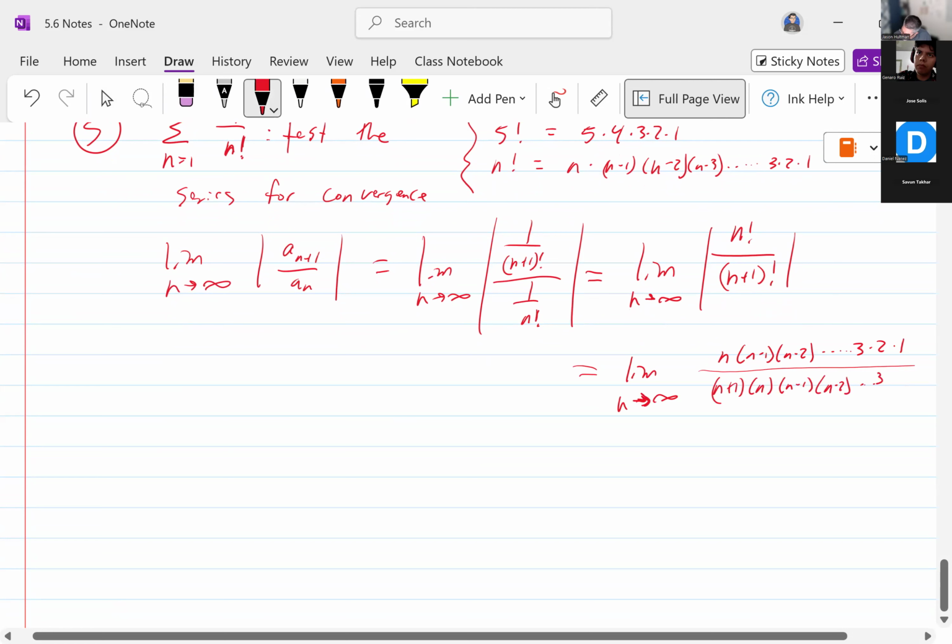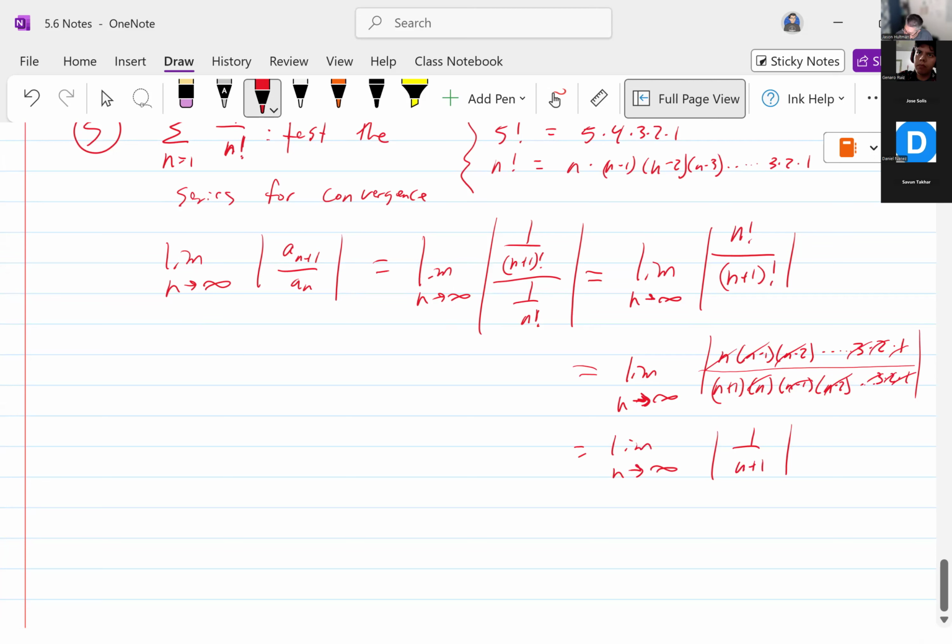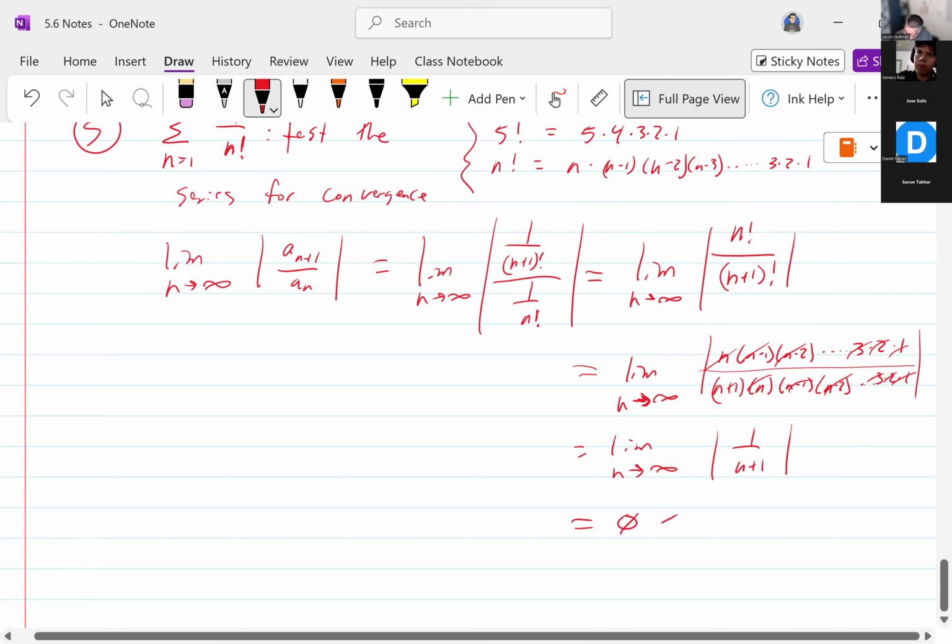I don't need parentheses. And so what cancels here is everything but the n plus 1. So we get the limit as n goes to infinity of the absolute value of 1 over n plus 1, this thing is going to go to 0 because it's going to be 1 over infinity, which is 0. So this thing equals 0, which is less than 1.